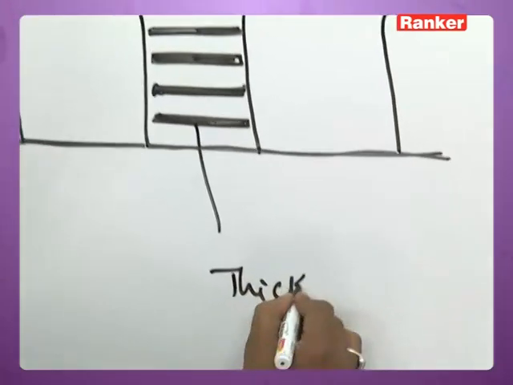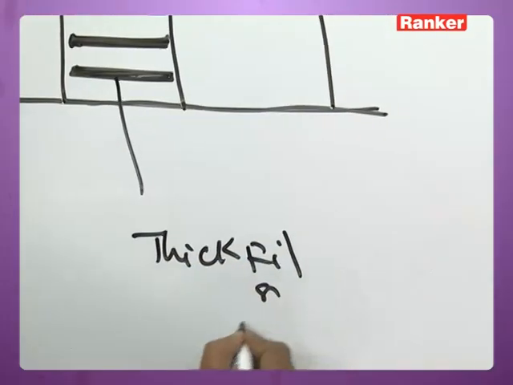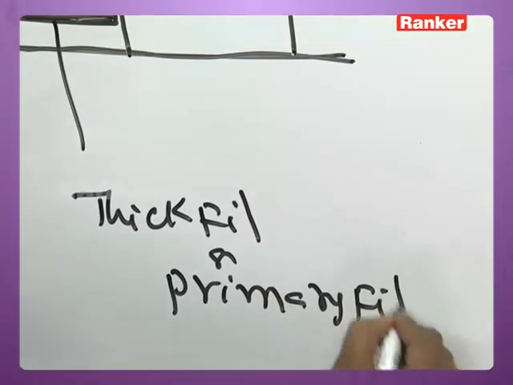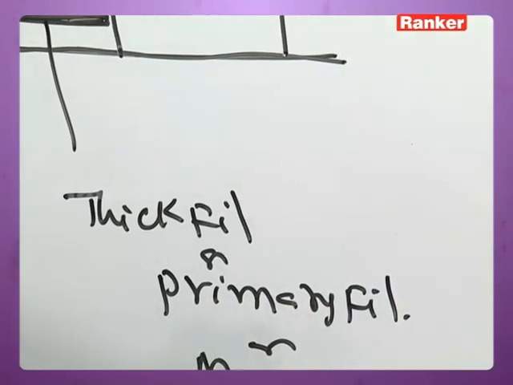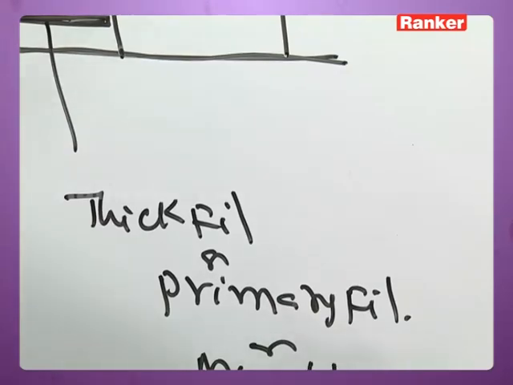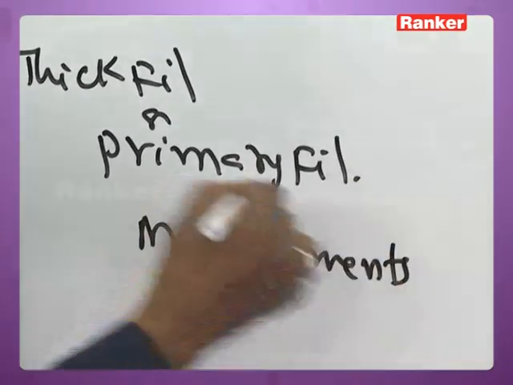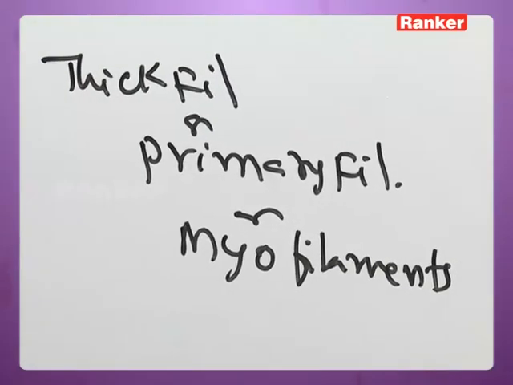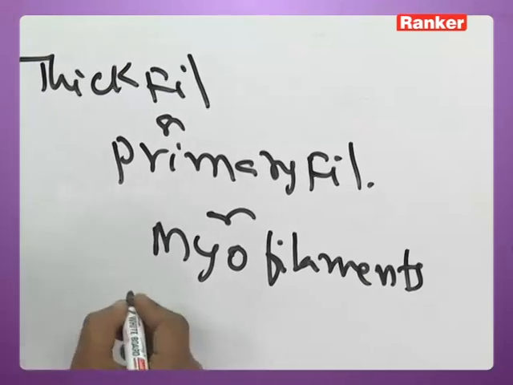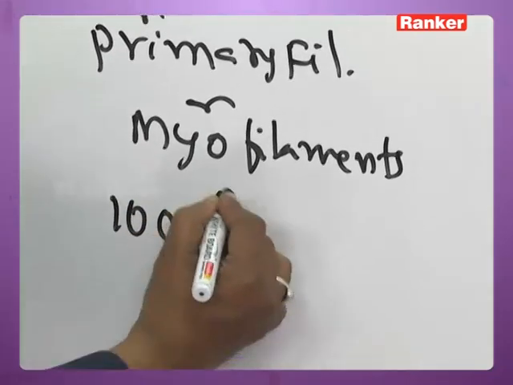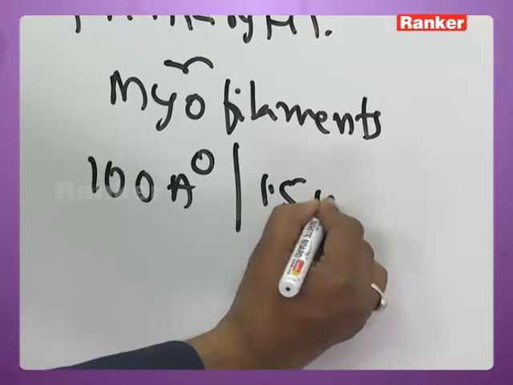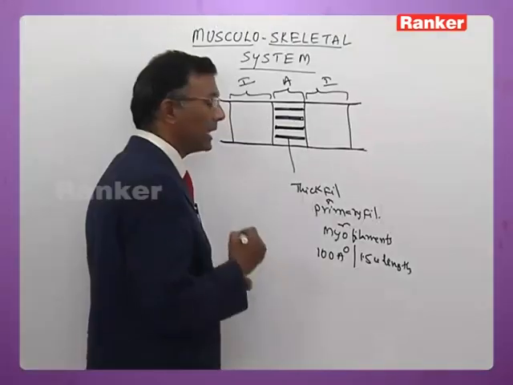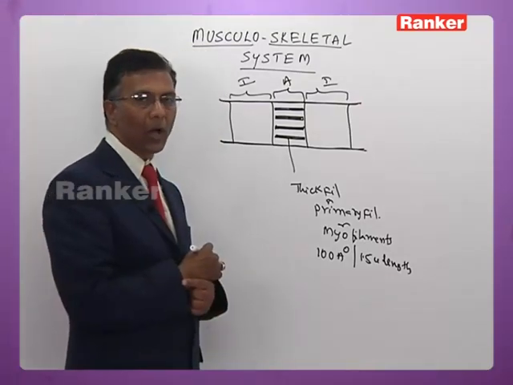They are thick filaments or primary filaments or myosin filaments. You can make out in the diagram also students, those thick filaments are confined only to the A band. They are about 100 angstrom units in thickness and 1.5 microns long.